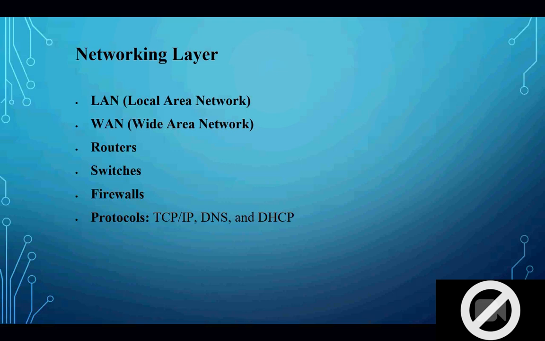A wide area network refers to network connections between different geographical locations, which is managed through layer 3 routing. Routers operate at layer 3, making forwarding decisions based on IP addresses. And then we have the TCP/IP or OSI model.